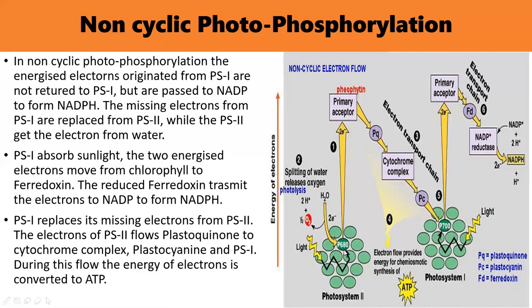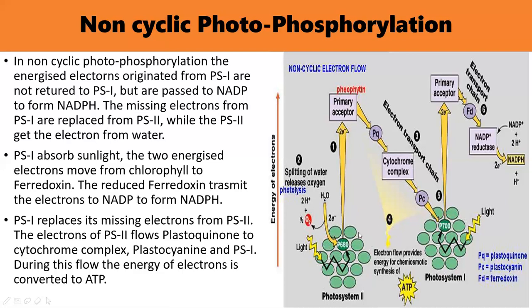Again, when this photosystem 2 fulfills the electrons in photosystem 1, photosystem 2 lacks two electrons. How are these two electrons fulfilled? Here, these missing electrons are replaced with the help of photolysis. What is photolysis?